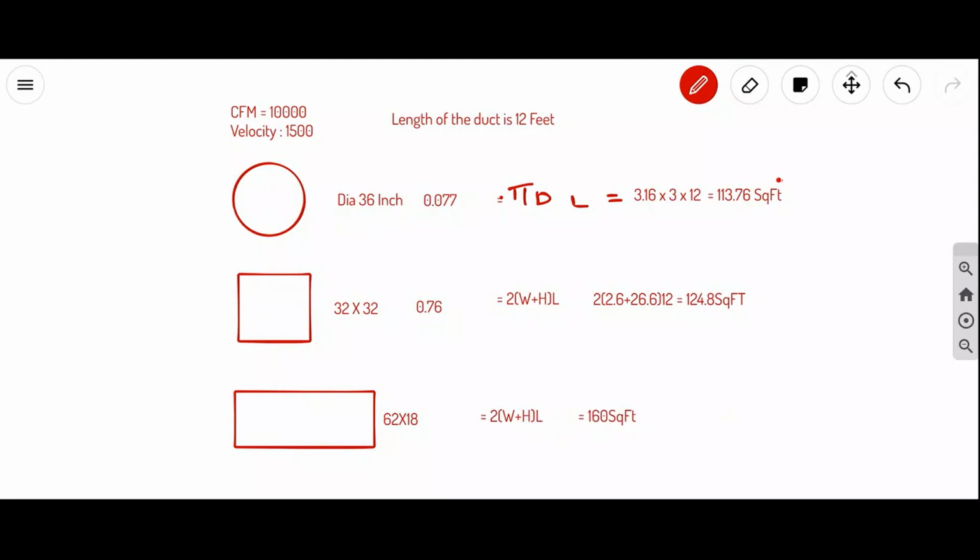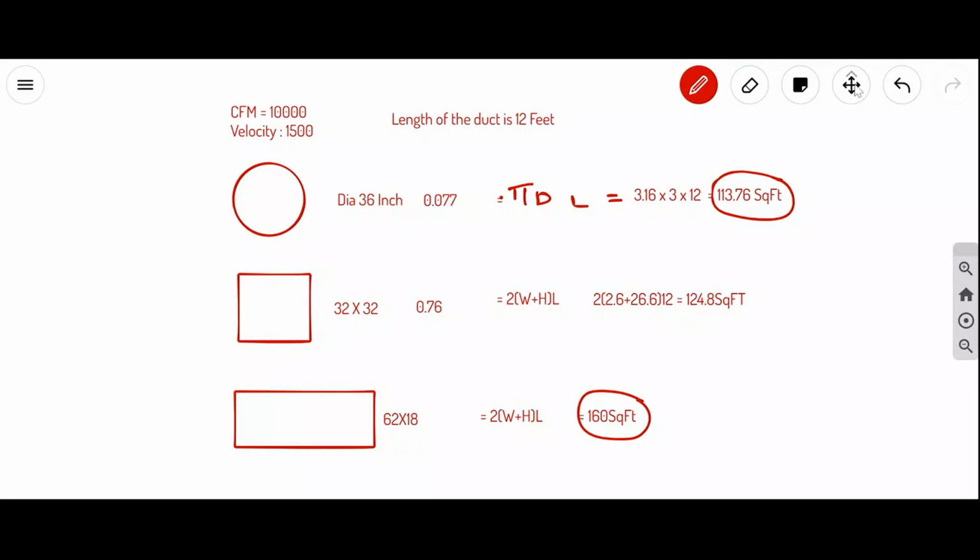What is the contact area here? 114. And what is the contact area here? 160. When the contact area is 160, you need a higher capacity of motor compared to this, right? Why? Because here friction is more.